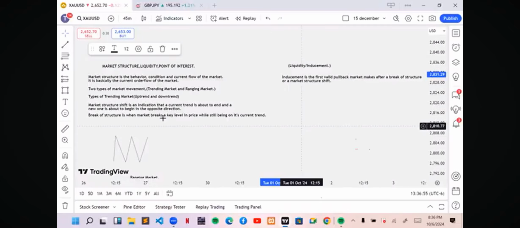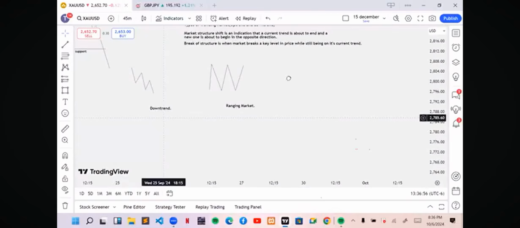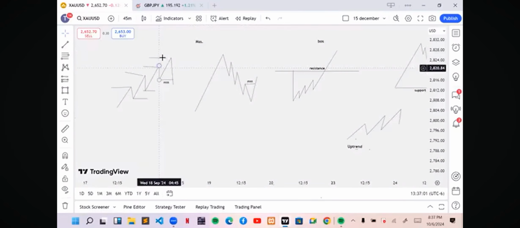So let me give you a visual example. Let me use the market structure shift first. This is an uptrend, and the market made a market structure shift. Before you can confirm your inducement, you have to first see either a break of structure or a market structure shift. Pay attention, this was a market structure shift right here.